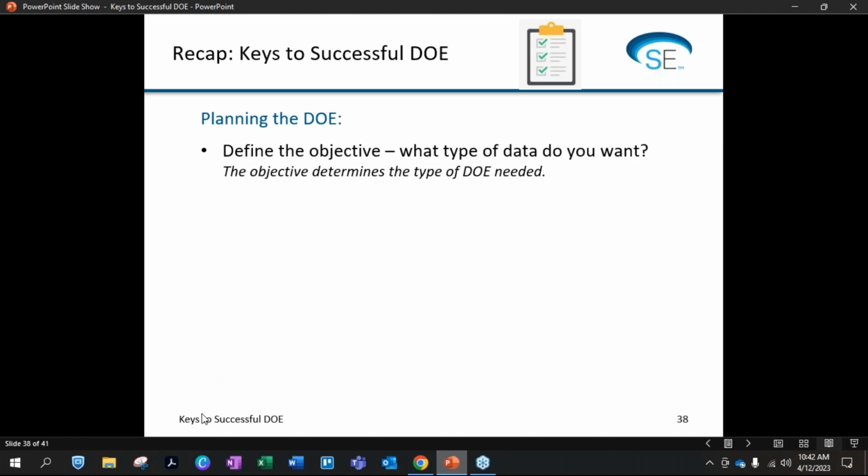Okay, so let's do a little recap and then I will check for questions. So the keys to planning the DOE are defining the objective. What type of data do you want? And our objective is going to determine the type of design that we need. Measure your responses on a continuous numeric scale.